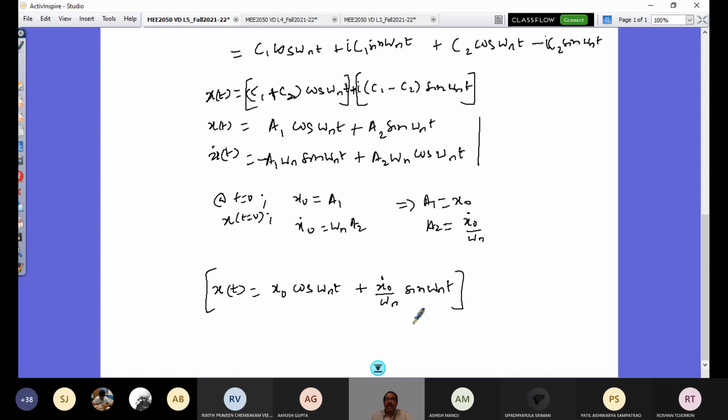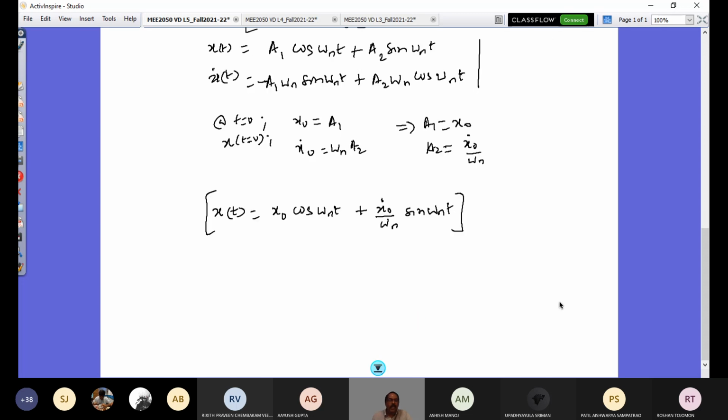So now I can also write in another compact form by introducing a simple trigonometric term. So in this place, I have my A1, A2 from initial condition. If I introduce A1 as A cos phi and A2 as A sin phi, then what is my A?